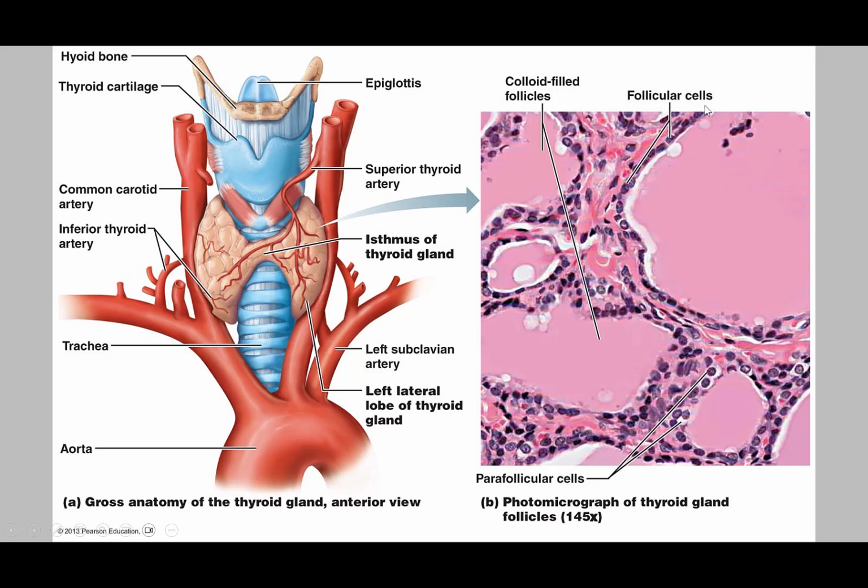Those follicular cells produce a hormone, actually two hormones, called thyroid hormone. I said two hormones because there's something called T3 and another one called T4, and together they make up thyroid hormone. Now down here, the parafollicular cells make a hormone called calcitonin.